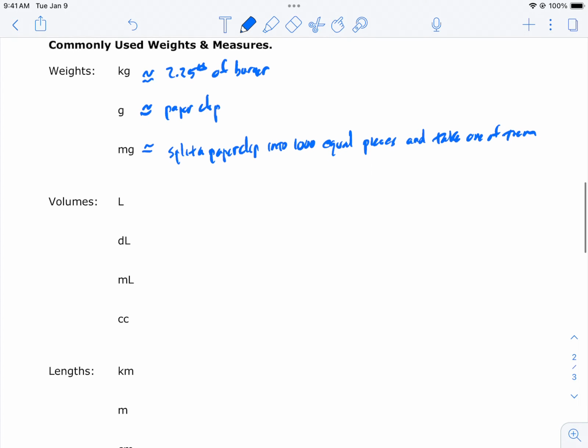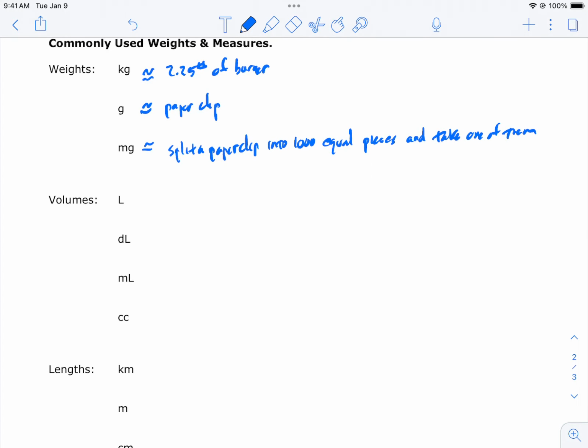So for volumes, liter. Hey, everybody knows what a liter is these days. It's like a liter of pop. Just go buy a liter of pop and go, oh, that's a liter. In fact, I shouldn't even put an approximately equals. I should put a really equals, a liter of pop. Deciliters get used, maybe not that much, but a deciliter would be basically 1/10 of a liter of pop.